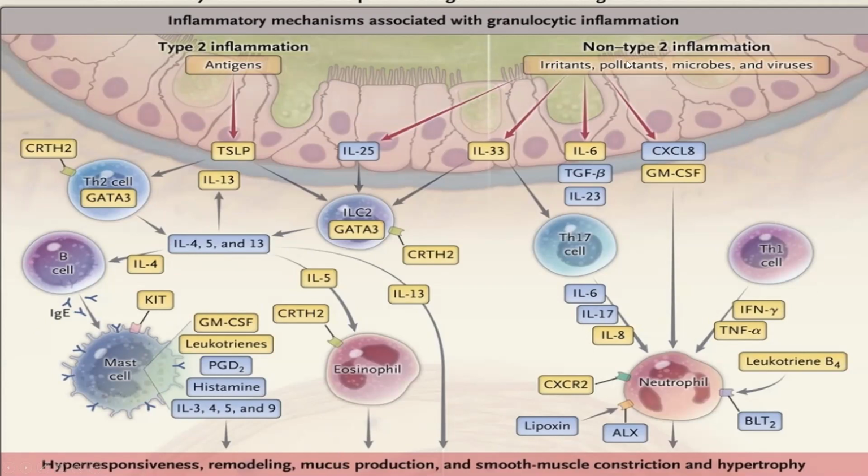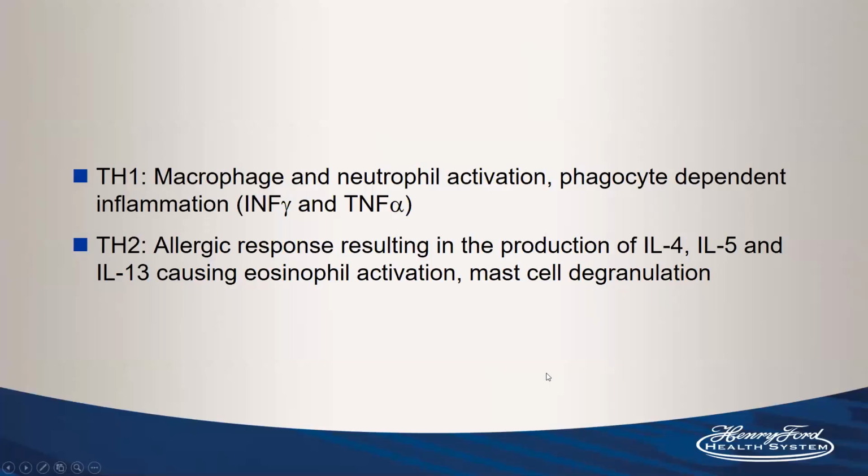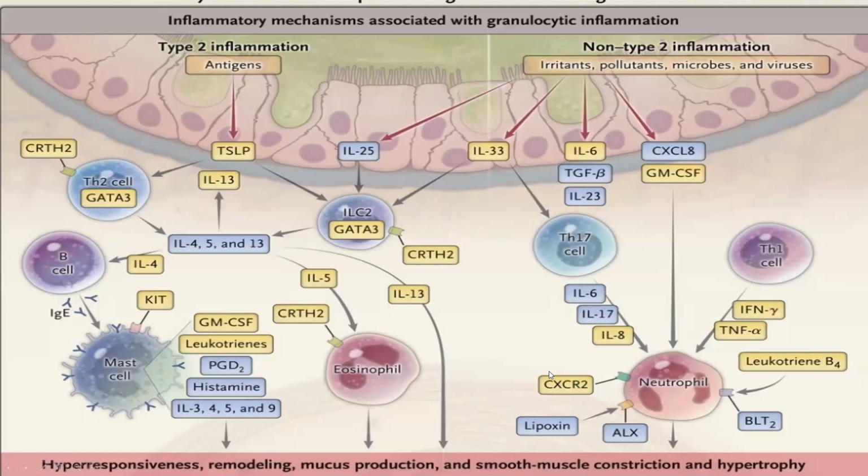And then there's the non-type 2 inflammation, what we call type 1, more neutrophilic macrophage-based inflammation, where you have interferon gamma and TNF alpha.